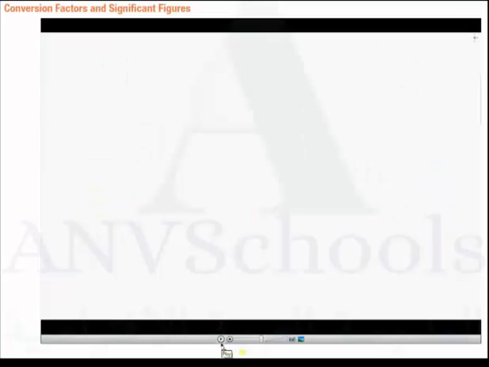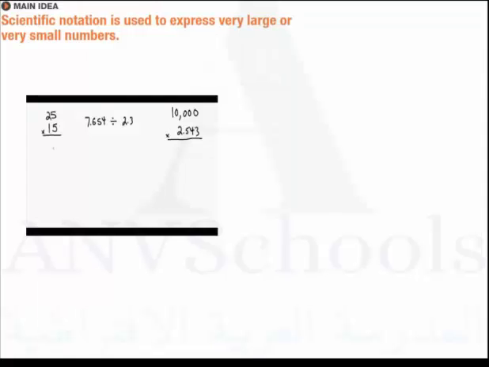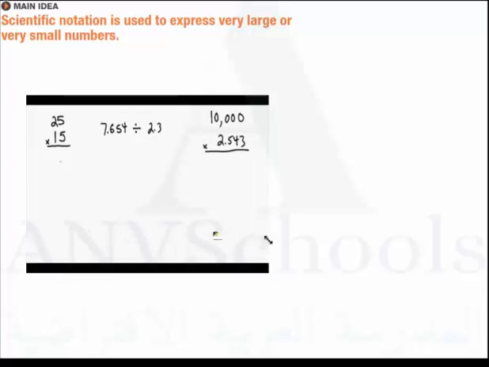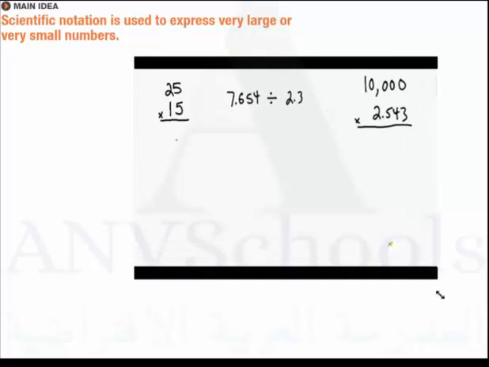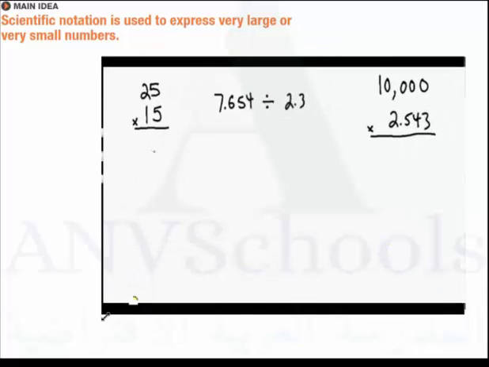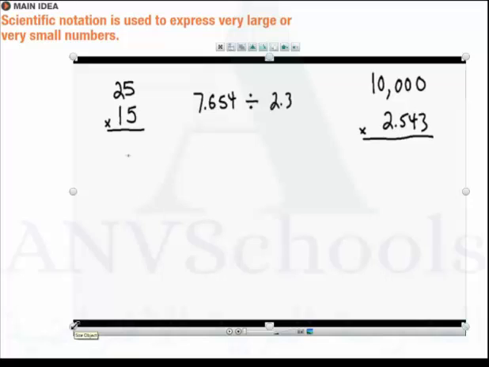When we come to multiplying, let's see what happens. In multiplication, we will be multiplying here. Let's see what happens during multiplication. During multiplication, you also use significant figures.